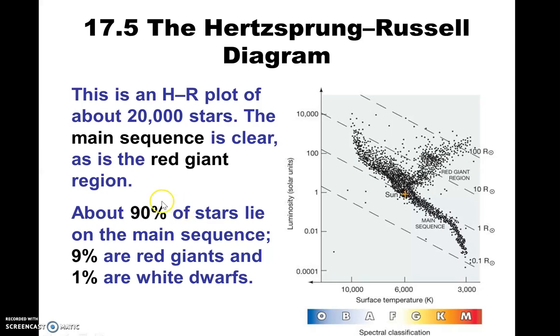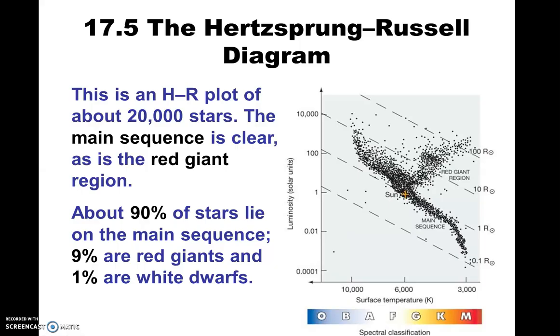Right, and notice, this is actually very, very true. Even with just 20,000 stars, 90% of the stars are on the main sequence, and then 9% are these red giants, and then only 1% are these things down here, which we're going to call white dwarfs.